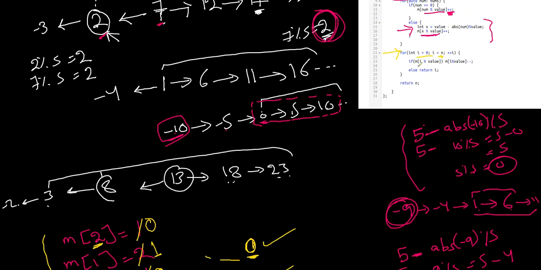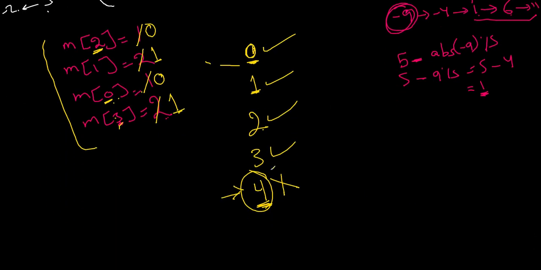Notice here, while checking, we check if i mod value exists. So assume if 4 can be reached, then 5. We don't check here for 5, but we check for 5 mod 5, which is 0.